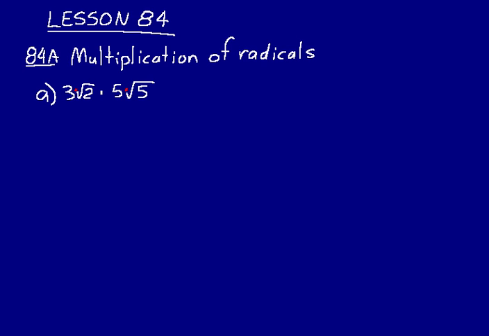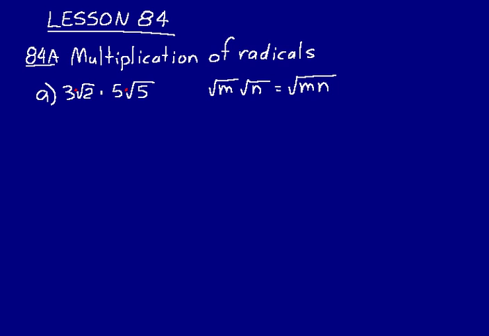Now you know that in multiplication, the order that the factors are in does not matter. And you also know that when you multiply radicals, say you had the square root of m times the square root of n, that's the same thing as the square root of m times n, all under the radical sign.